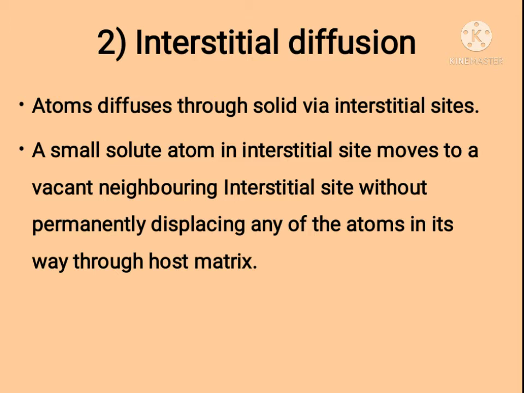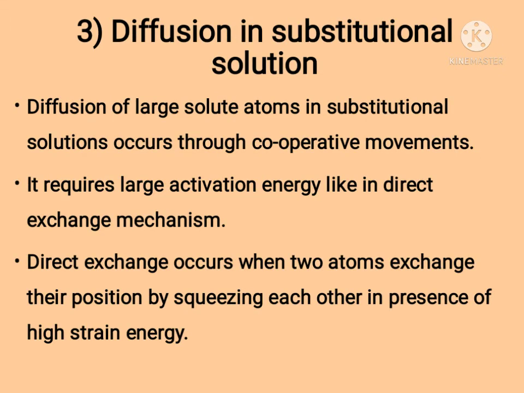In this mechanism, atoms diffuse through the solid via interstitial sites, such that solute atoms must be smaller than the interstitial sites in the solvent lattice. The next point is diffusion in substitutional solution. In this type, a direct exchange occurs when two atoms exchange their position.